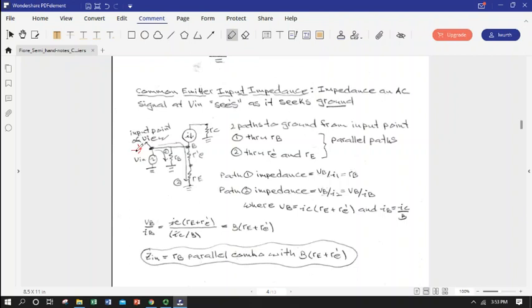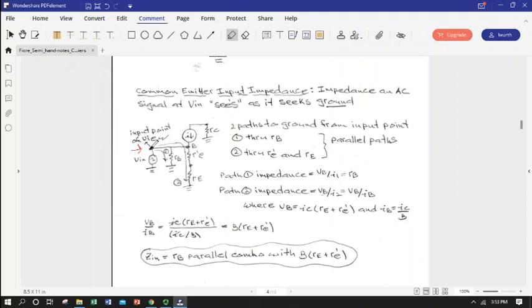So we're going to think about a signal coming in that has some voltage amplitude, and we're going to say how many paths can it take to ground, and we're going to kind of Thevenize those paths. We're going to create an equivalent impedance to ground. So we're going to kind of Thevenize around this input right here.